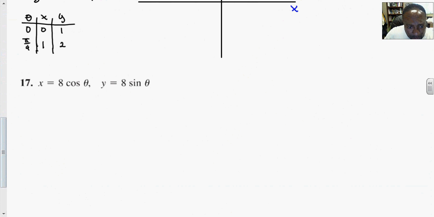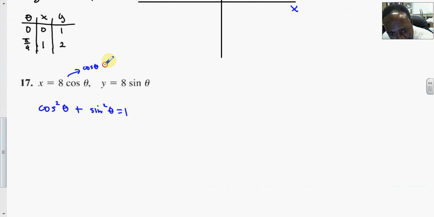What about this one? So x is equal to 8 cosine theta, y is equal to 8 sine theta. Cosine and sine relate to this identity. So we replace the cosine. Now cosine is x divided by 8, right? And here, sine theta is y divided by 8.